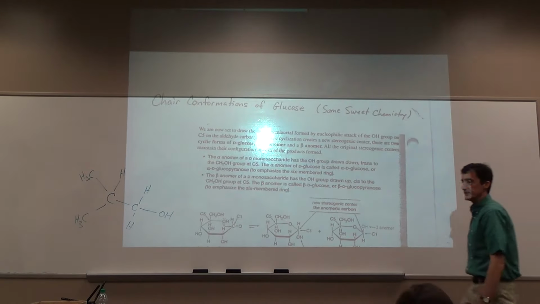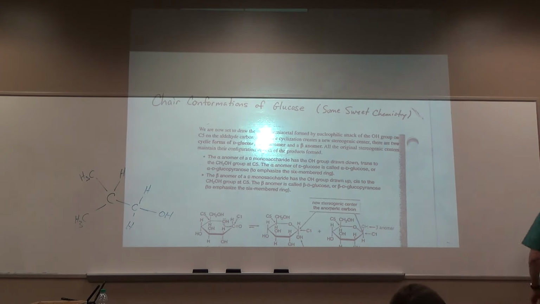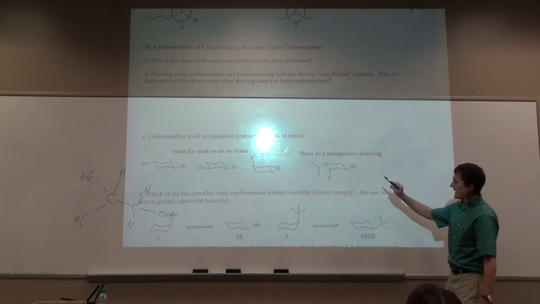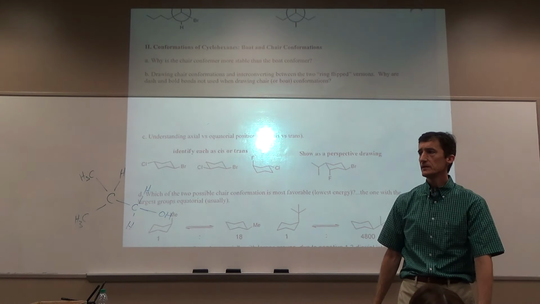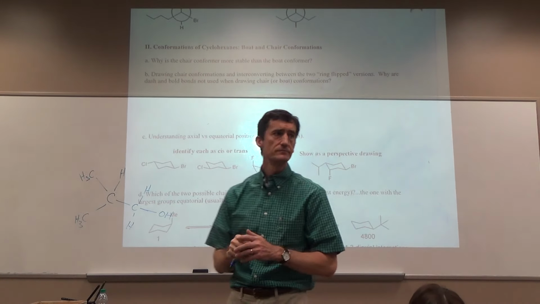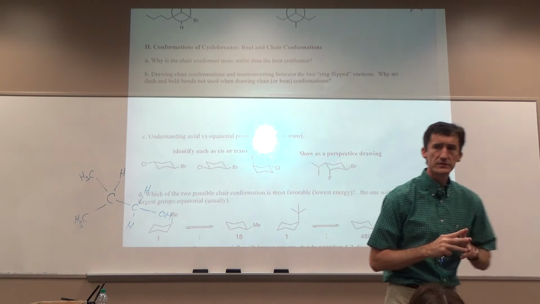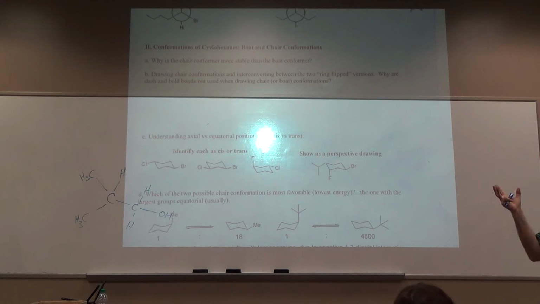It's probably on the blue sheet, but then we'll be looking at cyclohexanes drawn in chair conformations. How to draw them, what's the terminology there, cis, trans, axial, equatorial, that type of stuff. And that will end pretty much material for test 1. Okay? Please be ready to go through this handout come Wednesday.